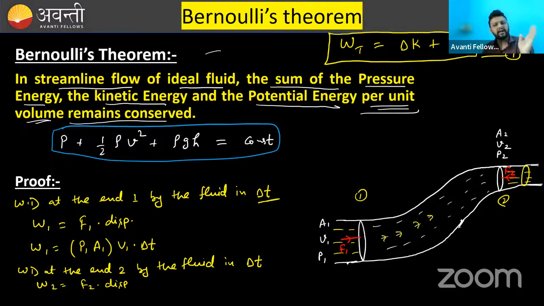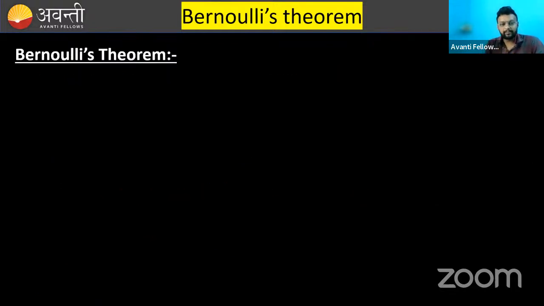Force is acting in the left direction, displacement is in the right direction, so they are opposite to each other. So W2 is equals to force 2, which is P2 A2, times displacement, which is speed into time, with a negative sign because they are in opposite directions.